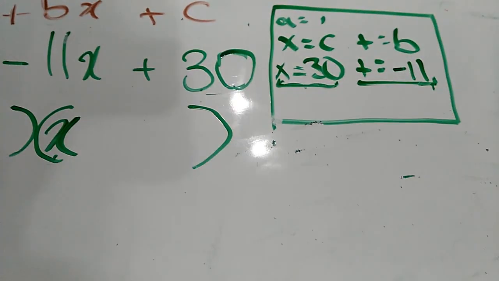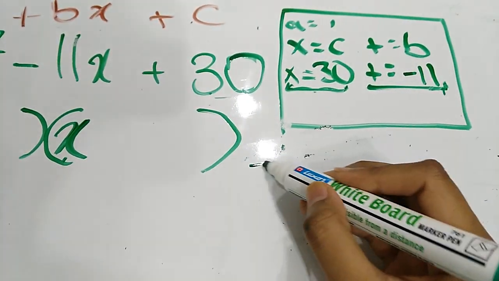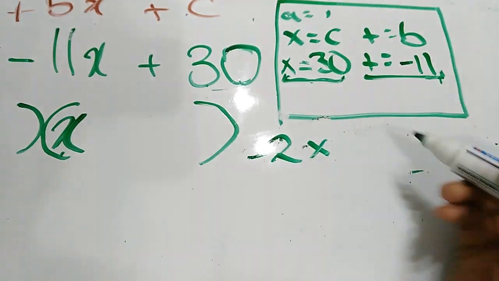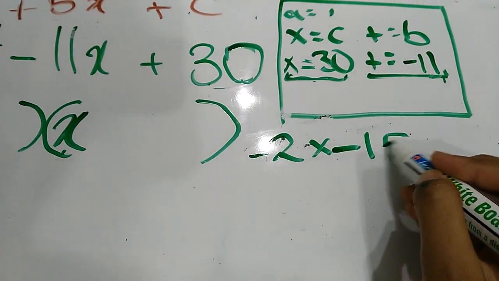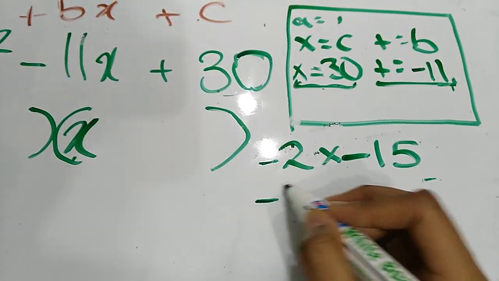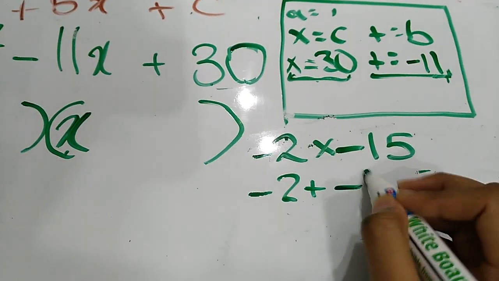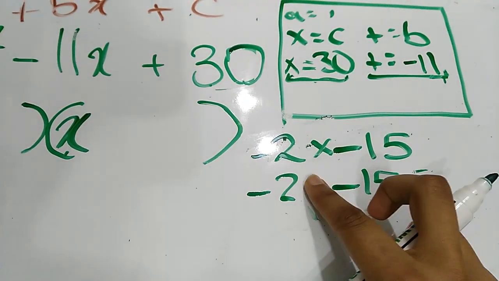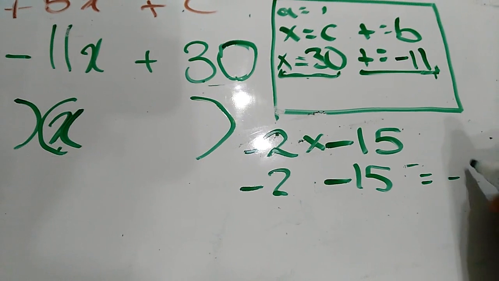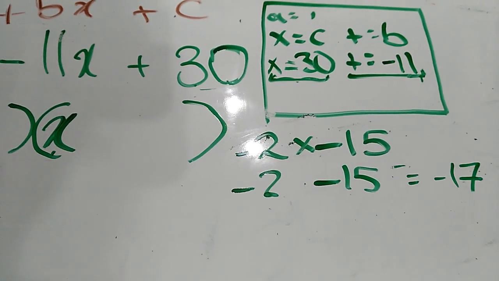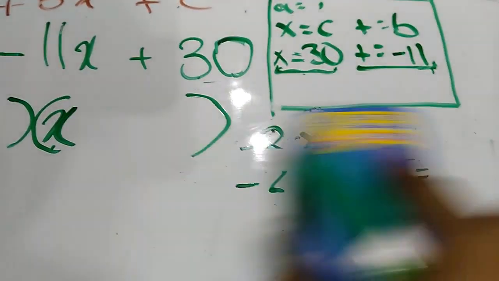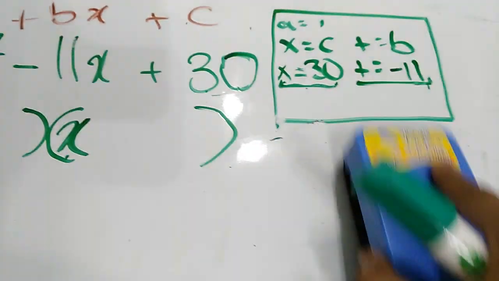What's the next combination I could take? Well, I could do minus 2 times minus 15, which gives me 30, but minus 2 plus minus 15 gives me minus 17, which is closer to minus 11, but still not there. So I am getting closer.